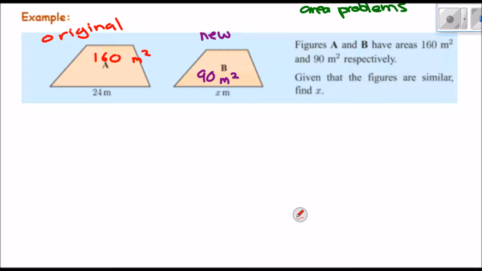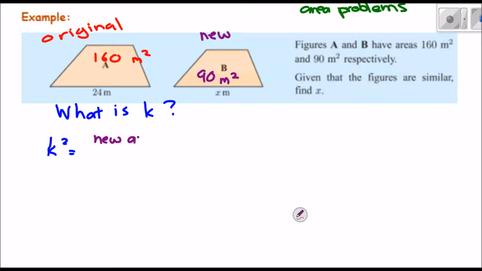So as I said, we need to work out what is k. I tend to think of that as the new length over the old, because remember when we find the scale factor, normally we would do the new length over the original length. Similarly, when it's an area, we can say that k squared equals the new area over the original, remember, the new area is always on top.